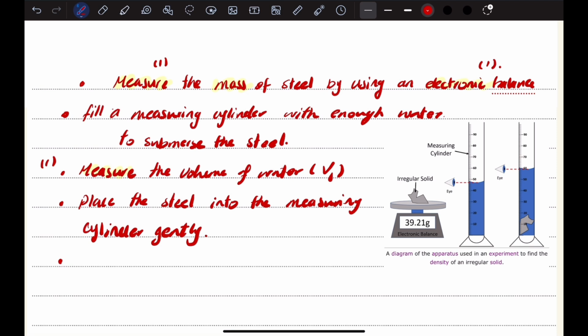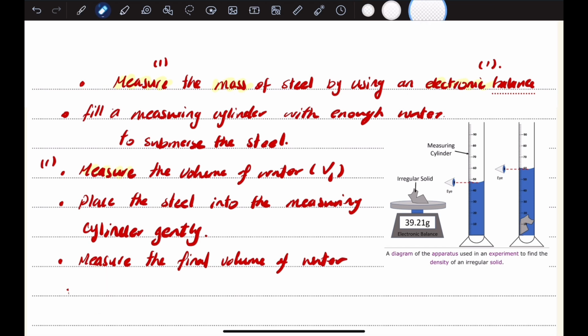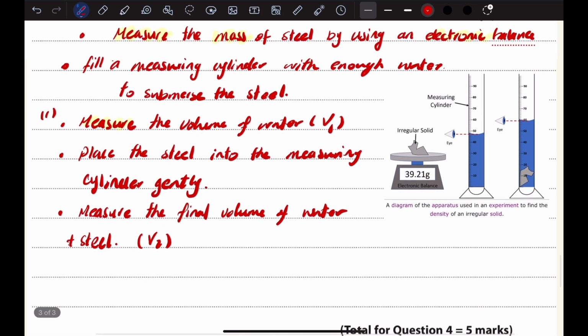You have to measure now the final volume of water plus the steel, or the object. So let me say this is V2. Now I am so close to getting marking point 4.